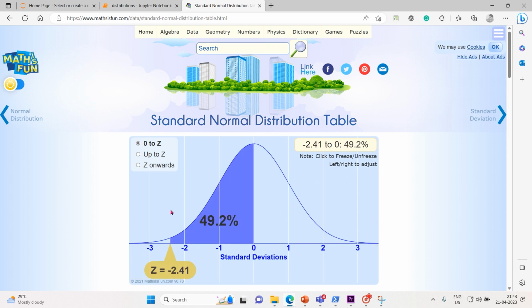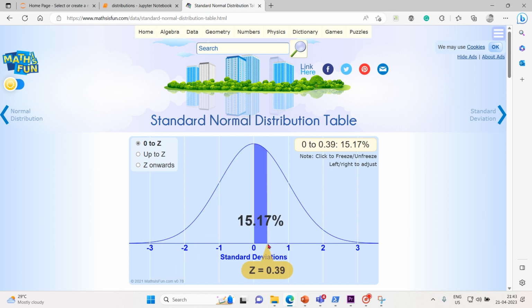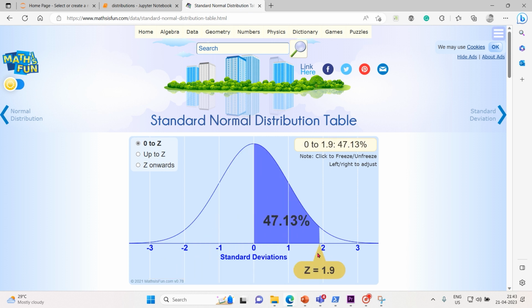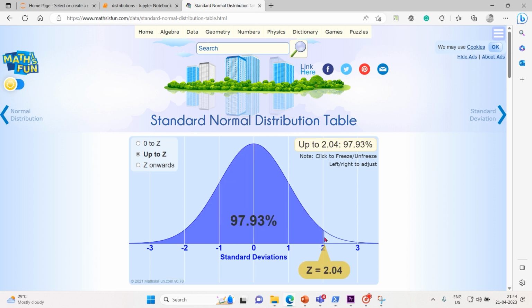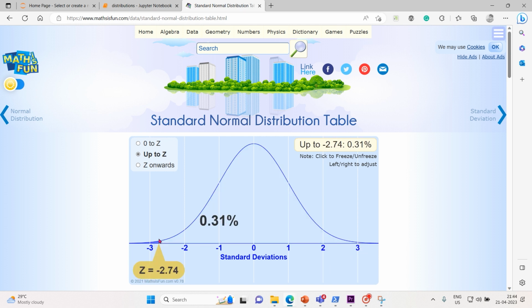So basically a Z score tells how much of the data lies in between two Z scores. You can't take one Z score, you have to take an interval of Z scores: either 0 to 2, or minus 1 to 1, or minus 2 to 2, minus 3 to 3. So minus 2 to plus 2 is your 95 percentage interval, and minus 3 to plus 3 is your 99 percentage interval.